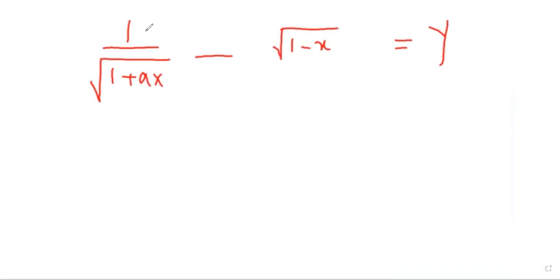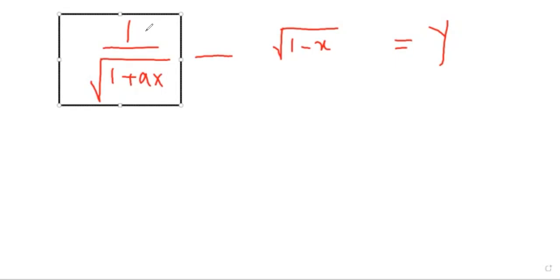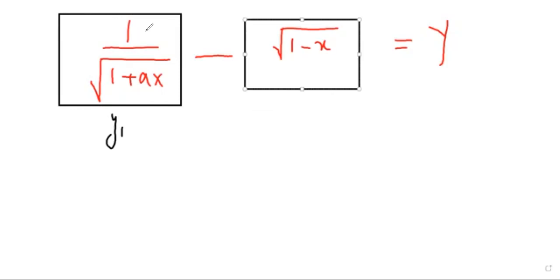So I'm going to consider this part as y1 and this part as y2. Let's solve them one by one, and then at the end we can subtract them to find our required answer.